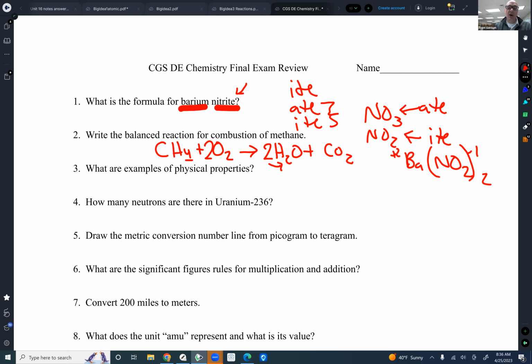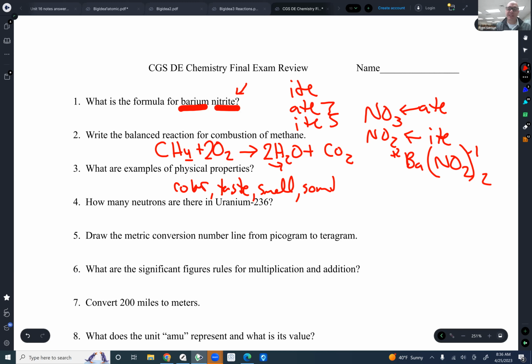Physical properties are anything that changes that doesn't change the chemical formula. So we're talking about color, taste, smell. You could talk about sound if you wanted to, melting point, freezing point. Those do not change the substance. They're the same.